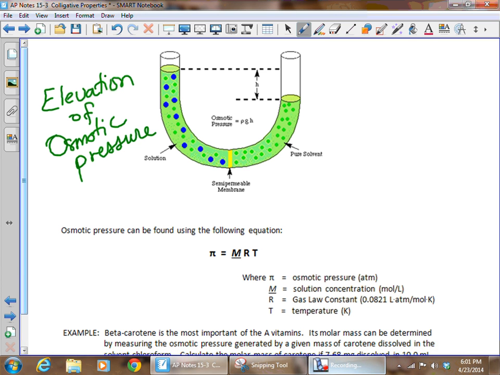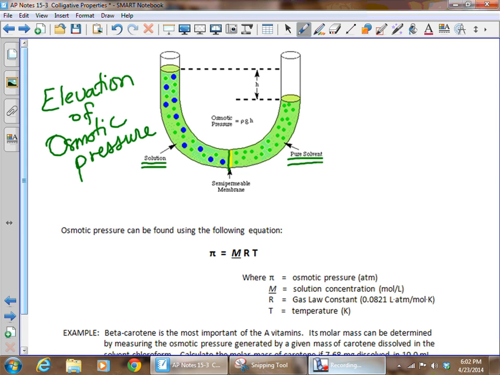And this is something we probably study more often in the biology area, but if we've got a semi-permeable membrane and we've got a solution on one side and pure solvent on the other, here's the solution, here's the pure solvent. That pure solvent is going to move through the semi-permeable membrane in an effort to dilute that solution.